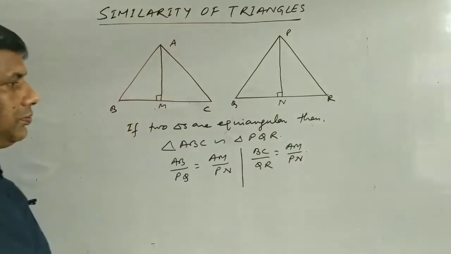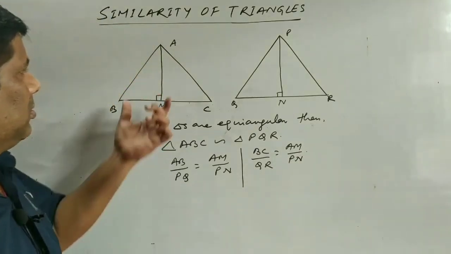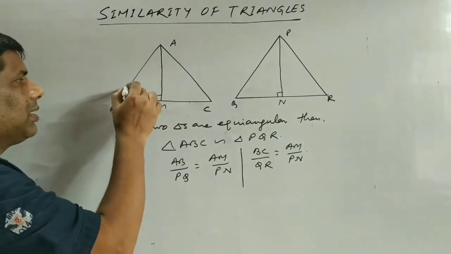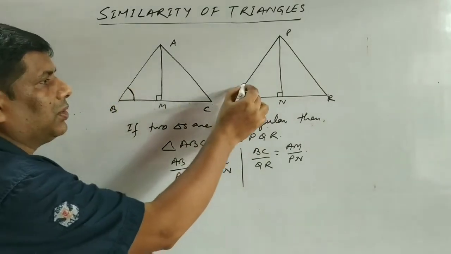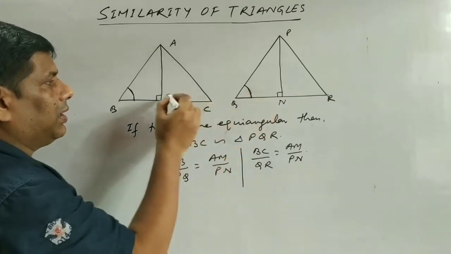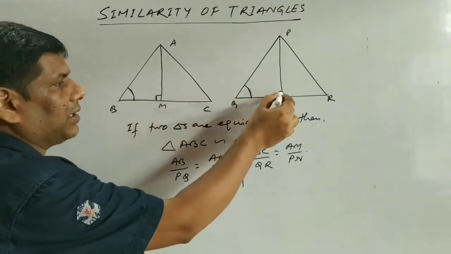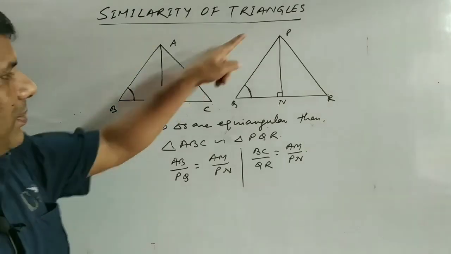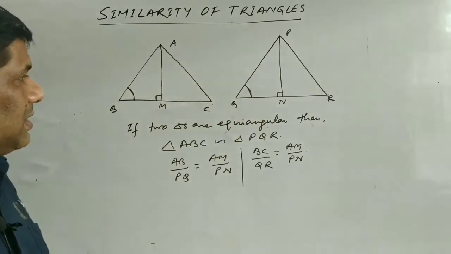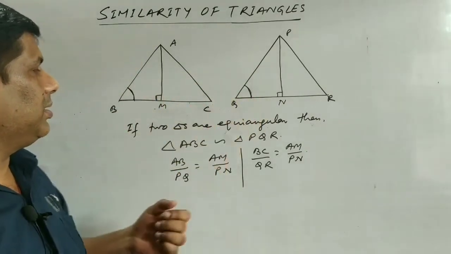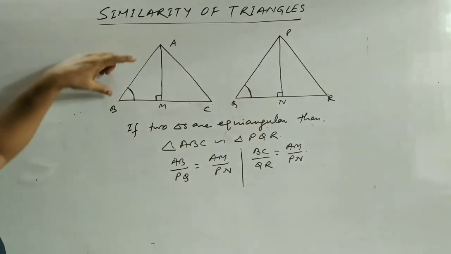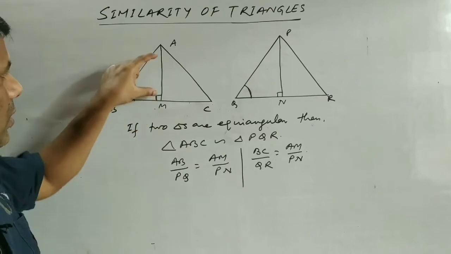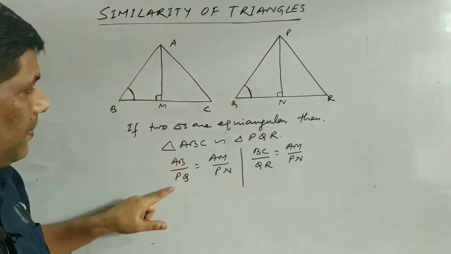How can we prove that? These two triangles are equiangular, then this angle is equal to this angle and this angle is equal to this angle, 90 degrees. So if these two triangles ABM and PQN are similar by AA similarity, then we can write AB by PQ is equal to AM by PN.